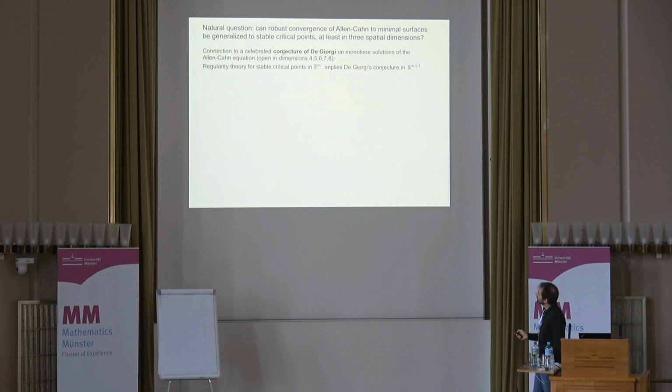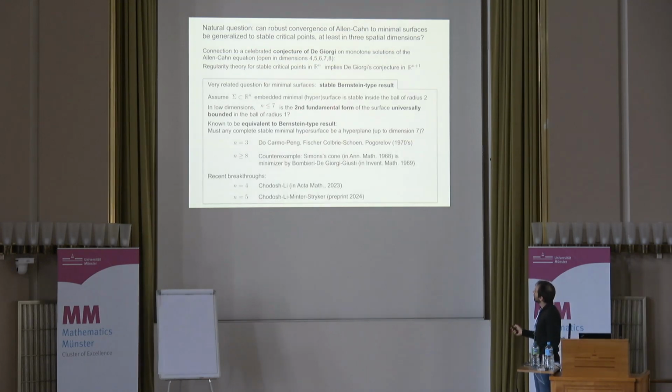And the connection is that if you can establish the regularity theory for stable critical points in n dimensions, then this implies the De Giorgi conjecture in 1 dimension more, n+1. This is a known argument, right? And since the De Giorgi conjecture is open, in particular, this is stronger. So it, of course, is open, and several people tried, right?